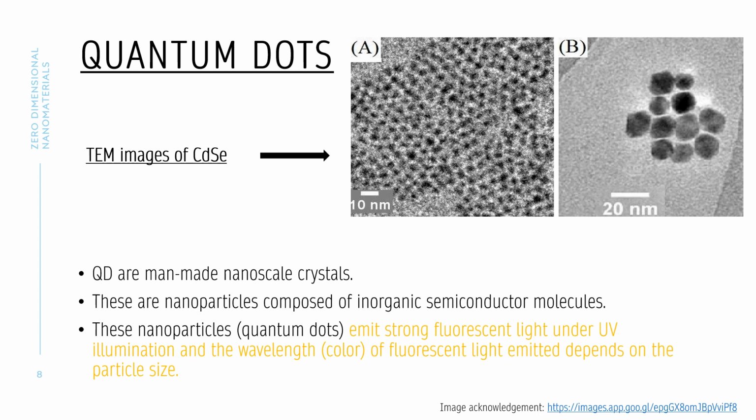And the color, that is the wavelength of this emitted fluorescent light, depends upon the particle size, the size of the quantum dots. I'll be discussing this later. And if you observe this particular image, this is a tunneling electron microscope image of a cadmium selenide quantum dot.